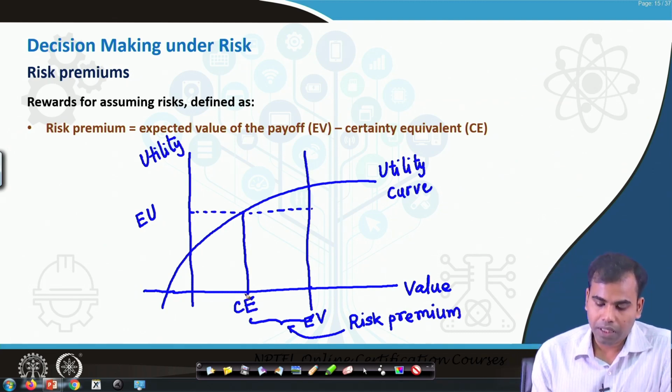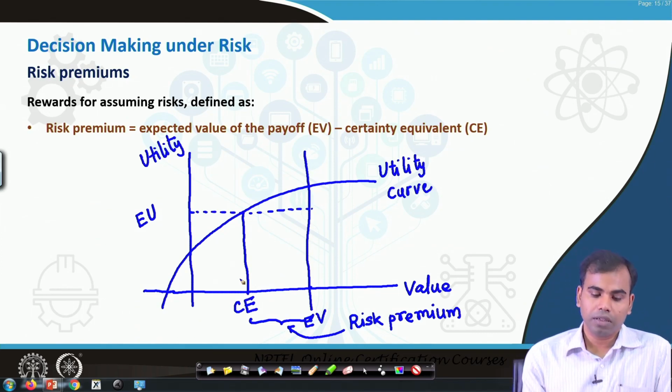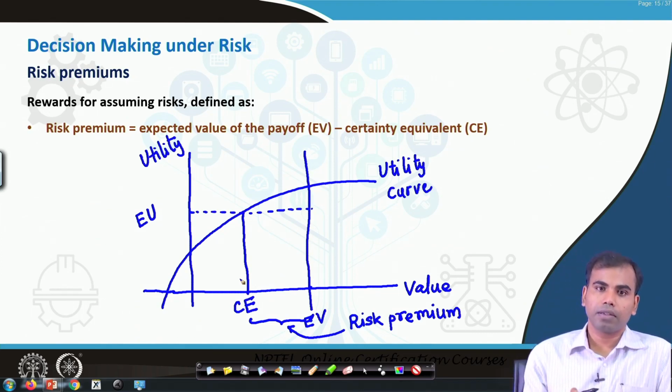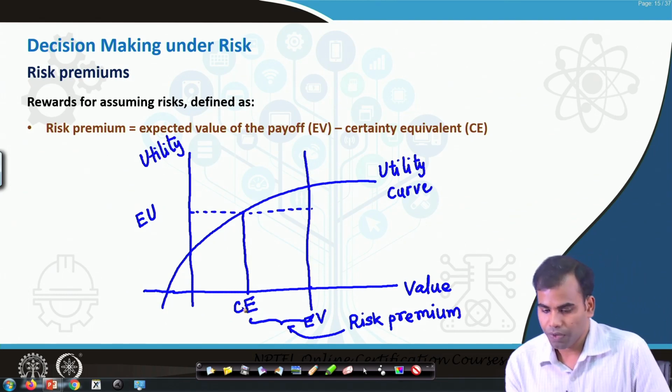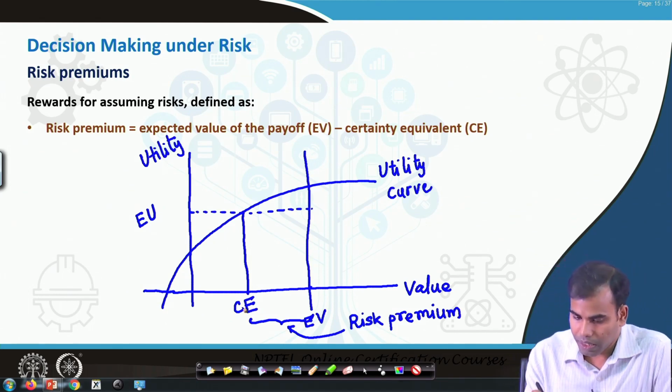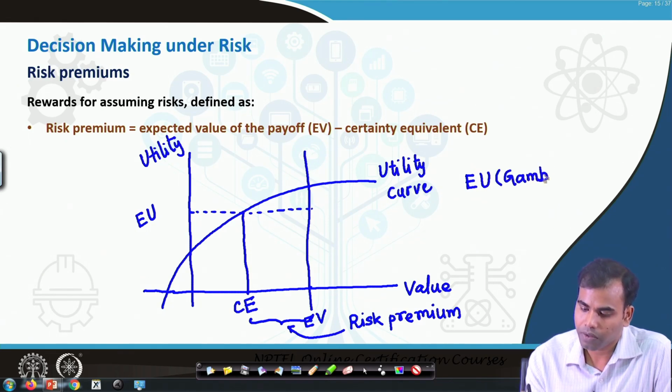So, the expected utility derived from the risky option and the utility derived from the sure shot option are equal where the certainty equivalent point is lying, which can be summarized in a way that the expected utility of the gamble or the risky option is basically equal to the utility of the certainty equivalent.